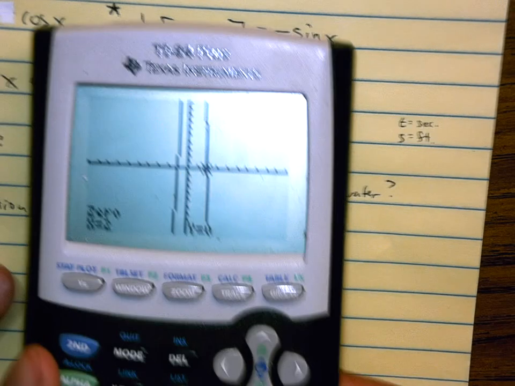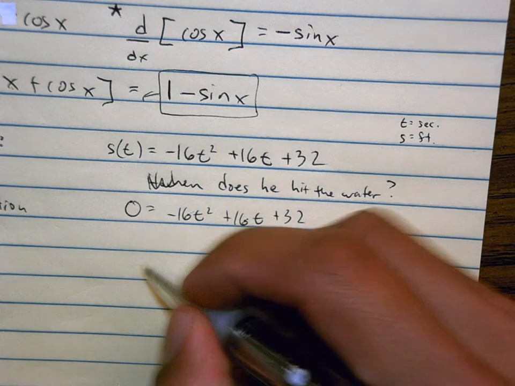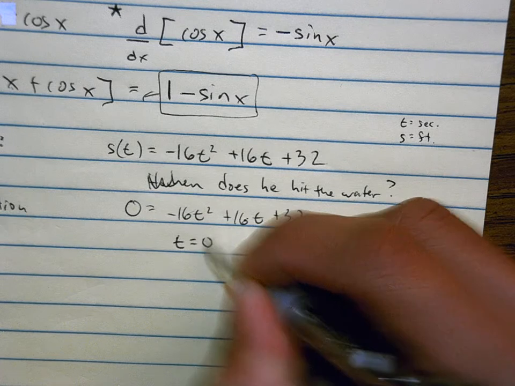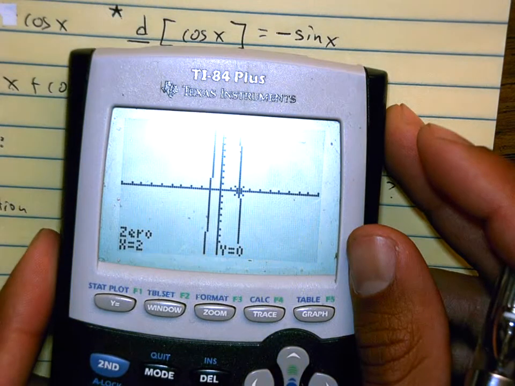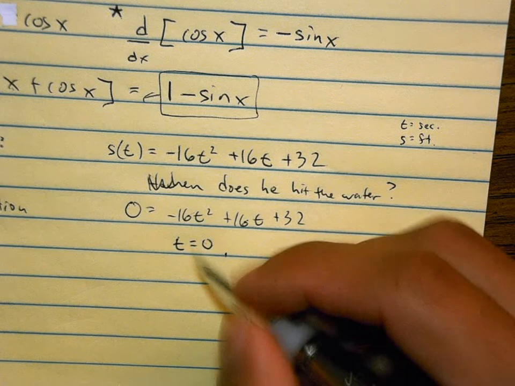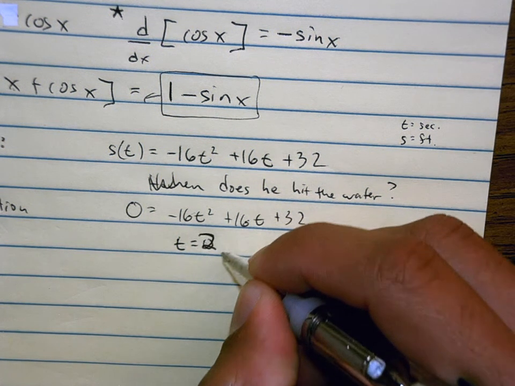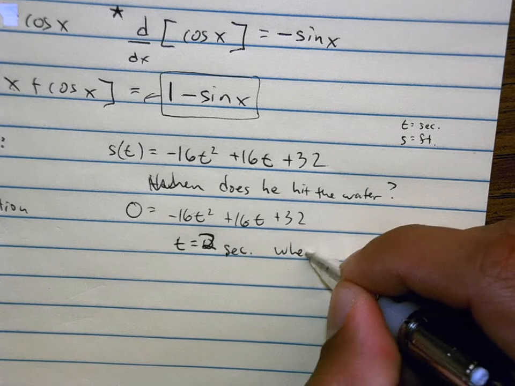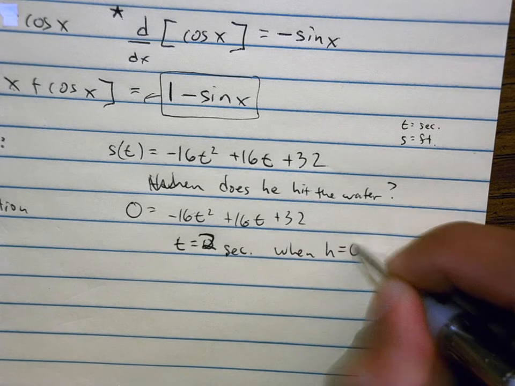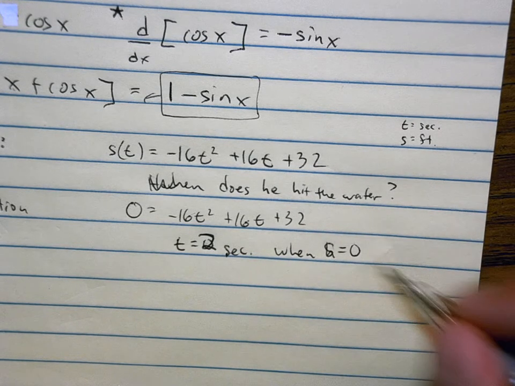So time equals, I'm sorry, I wrote that down incorrectly. Time is equal to 2 seconds, when h equals 0, right? Or the height, or s is equal to 0. Same thing. It's the height.